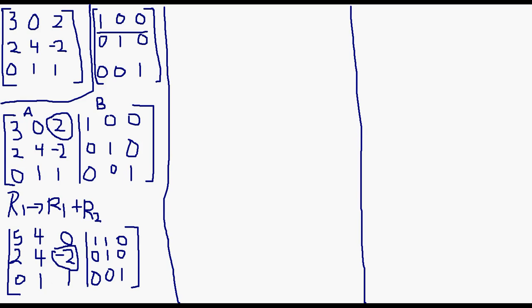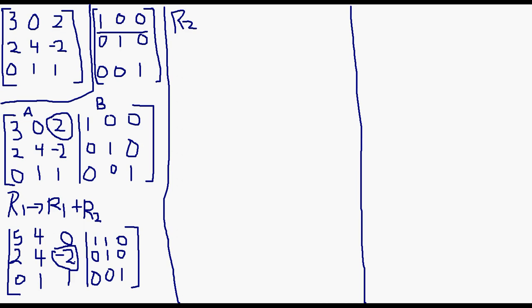We are coming to work on row 2. How do you think we can change here to 0? Look at the number above or below it, and then look at what we can do.